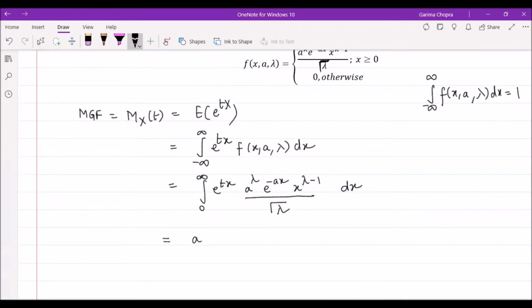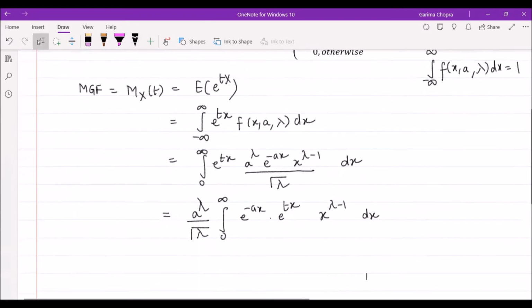Here a raised to power lambda is constant, so let us take it outside, and the gamma of lambda in the denominator we take outside also. We are left with e raised to power minus ax, e raised to power tx, and x raised to power lambda minus 1 dx.